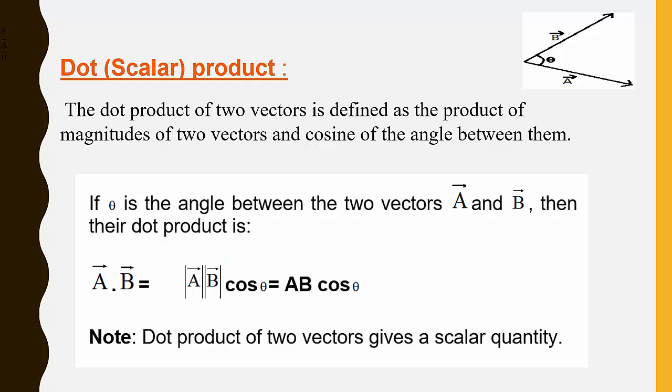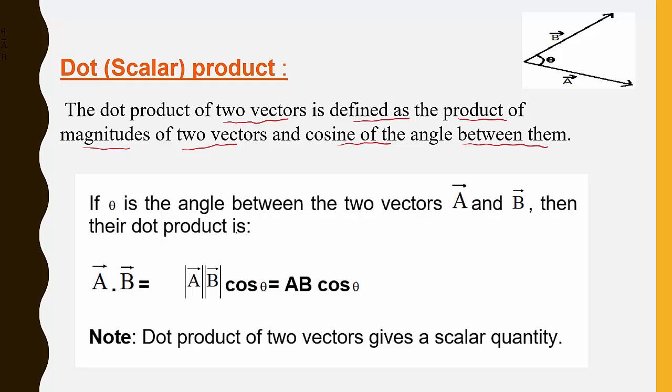The dot product of two vectors is defined as the product of the magnitudes of the two vectors and the cosine of the angle between them. If two vectors are multiplied, then how do we define the scalar or dot product? The product of the magnitudes of the two vectors and the cosine of the angle between them.